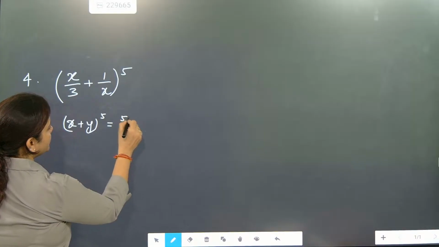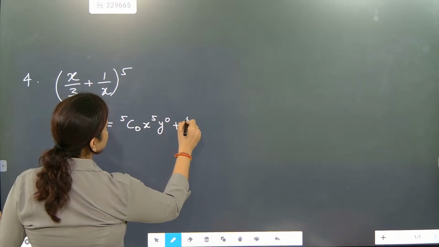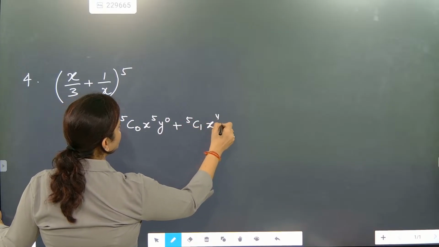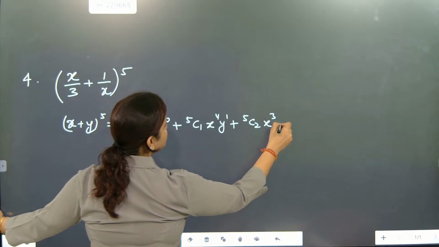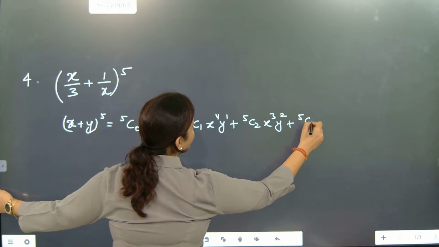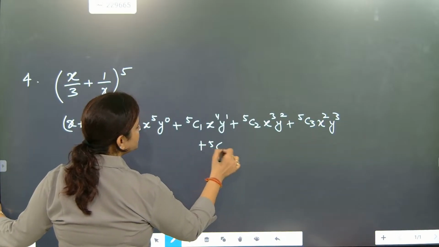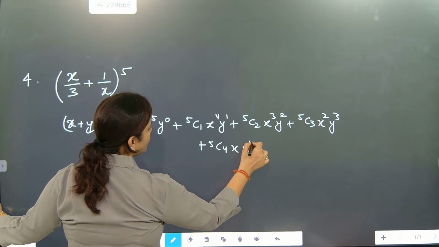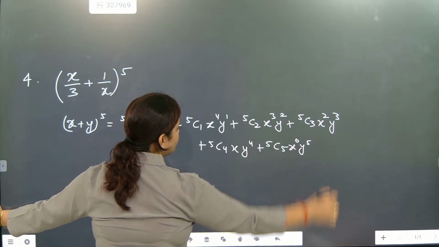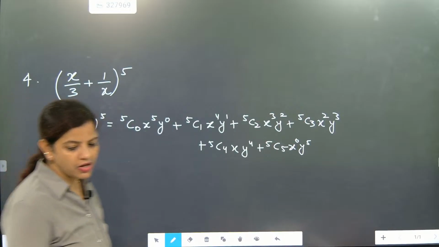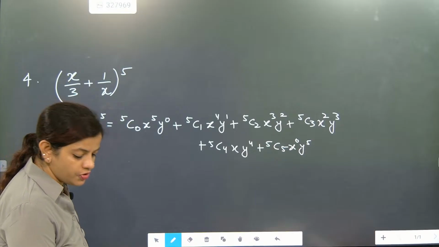It will become 5c0 x to the power 5 y to the power 0 plus 5c1 x to the power 4 y to the power 1 plus 5c2 x to the power 3 y to the power 2 plus 5c3 x to the power 2 y to the power 3 plus 5c4 x to the power 1 y to the power 4 plus 5c5 x to the power 0 y to the power 5. This is exactly the expansion part, how you are expanding it.